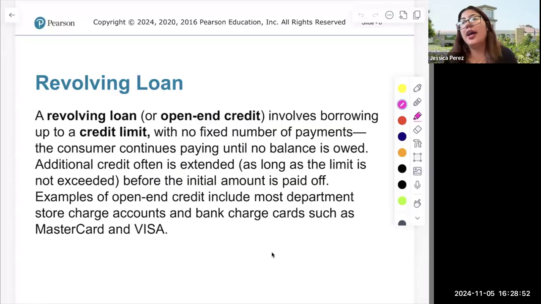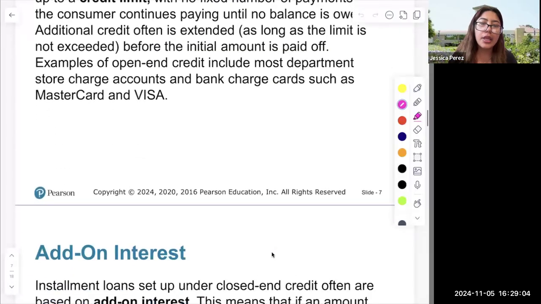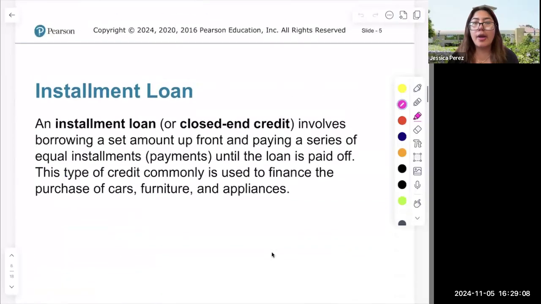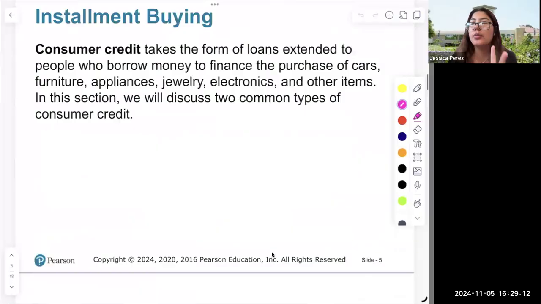And then let's say that you pay it off, then the amount of money that you can borrow may be more than $5,000, let's say $10,000. So your credit limit can increase if you have good credit. So those two we talked about, revolving loans and installment loans, are the two types of consumer credit.